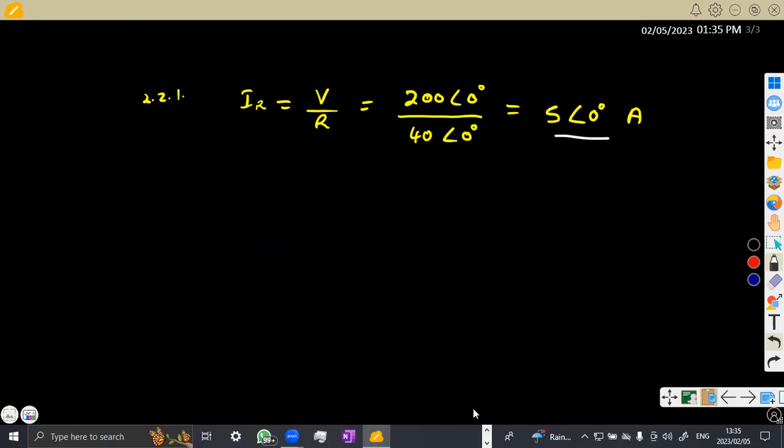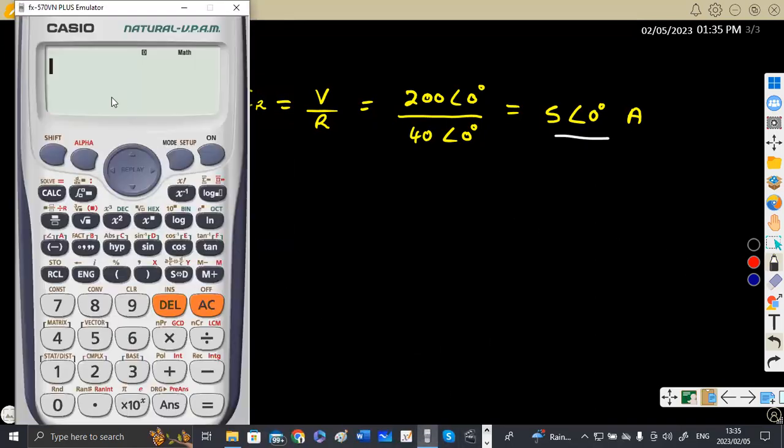This is what you're going to do on your calculator. Shift, then you go to the minus where there is written Rec, rectangular form. It now shows rectangular form. So it's 5, then the angle of 0 degrees.